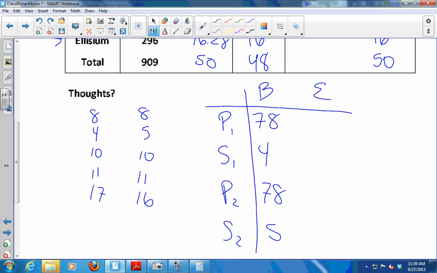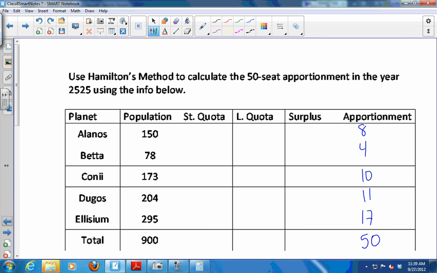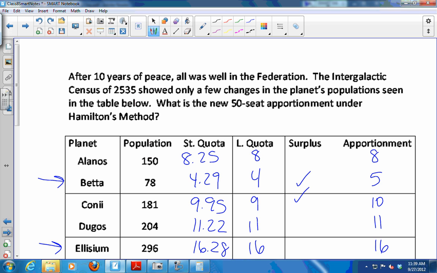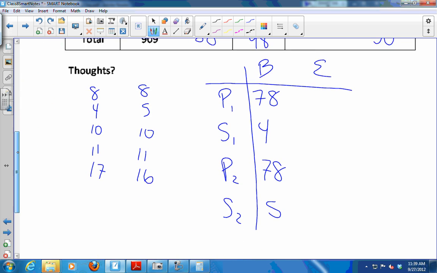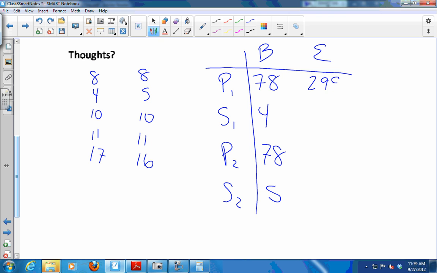But when we look at Elysium, their population went from 295 to 296. So their population grew. But their apportionment went from 17 to 16.